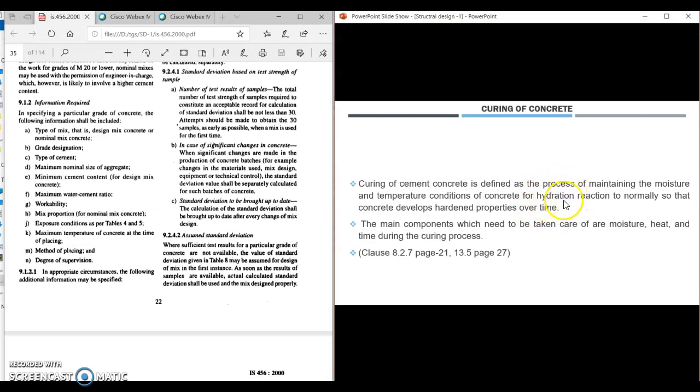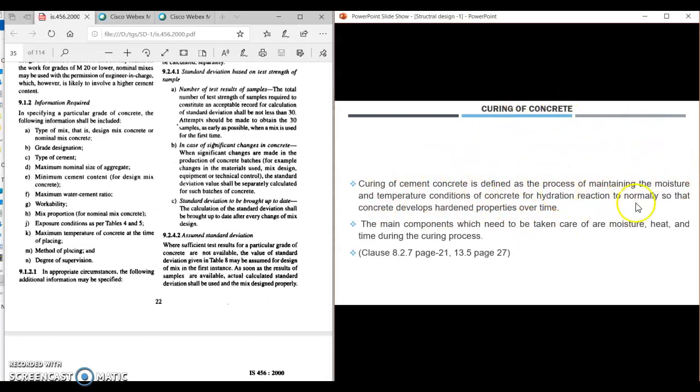This is an exothermic reaction, so the temperature of the concrete increases, and due to the increase in temperature, water evaporates from the surface and from inside the concrete. So, in order to prevent the loss of moisture content and the increase in temperature, you have to maintain the moisture content and temperature constant by applying curing.